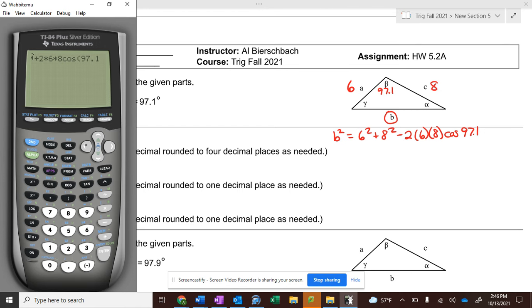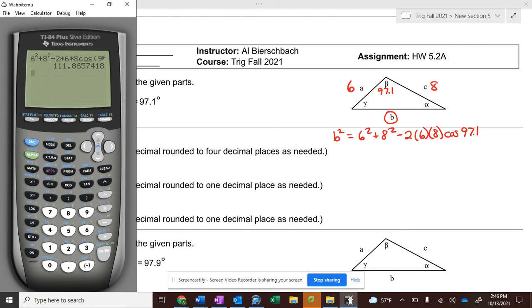Oh, minus. Thank you. And I got to make sure I'm in degree mode. I'm in radian mode. That won't work. I need to be in degree mode. So then I press enter and I get 111.